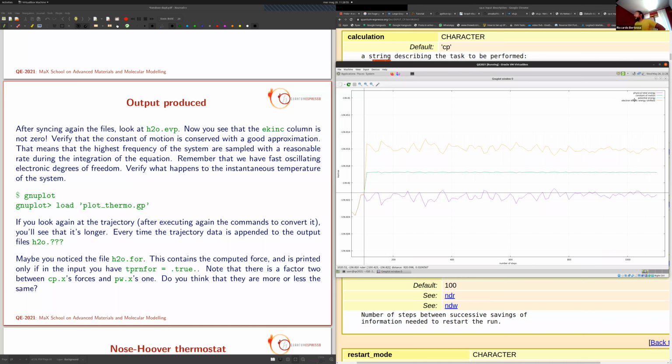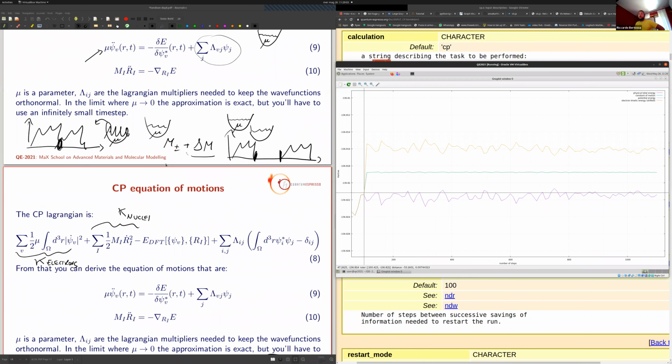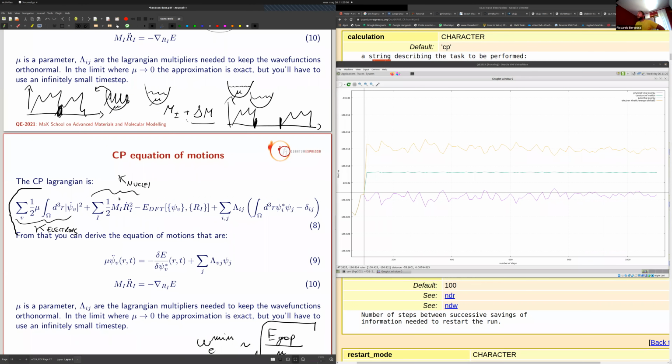Then I printed the electronic kinetic energy, that is this quantity here, and I shifted it from this point. So the electronic kinetic energy is only from here to here, and you see that it is approximately constant. If the simulation is good, this electronic kinetic energy will be more or less the same during the simulation if the temperature does not change.